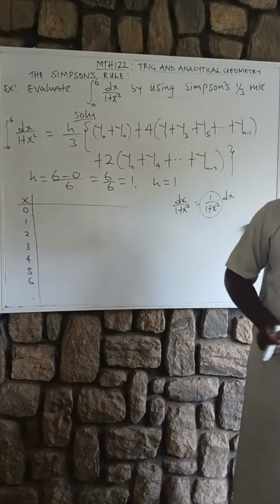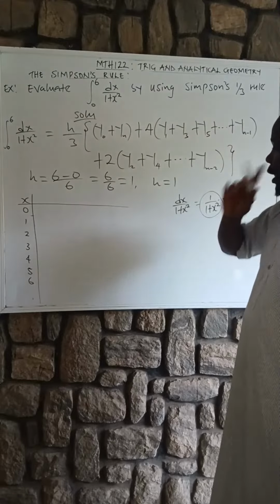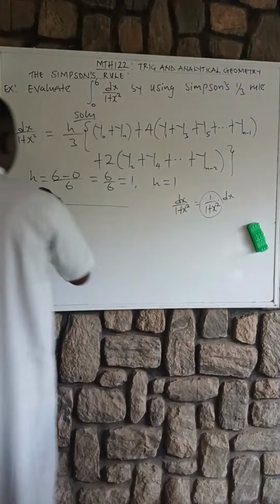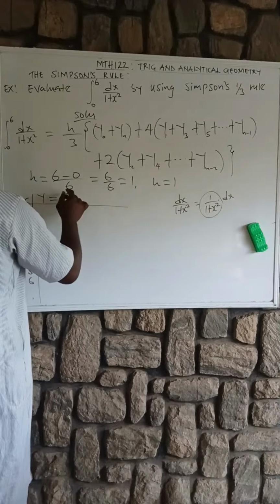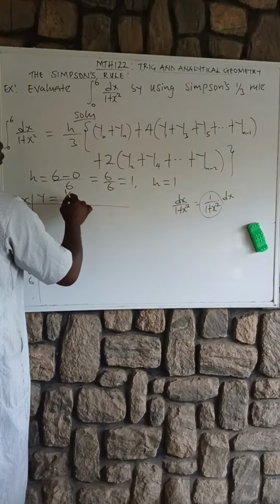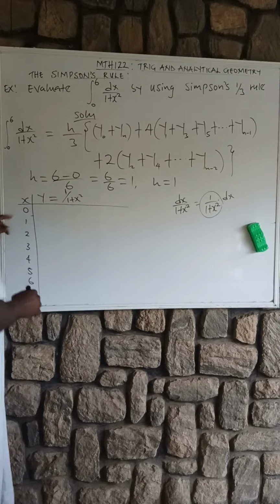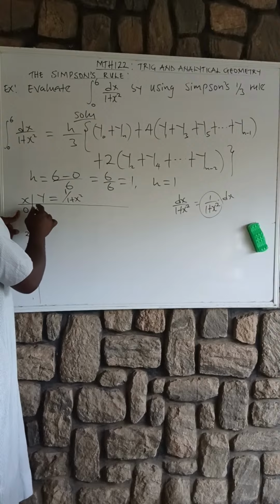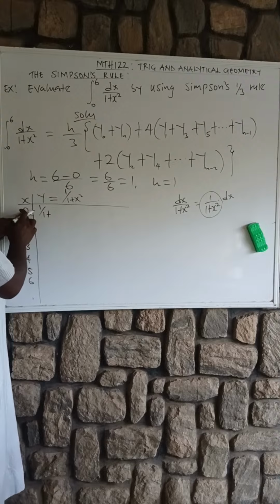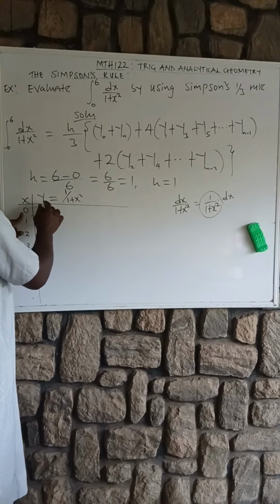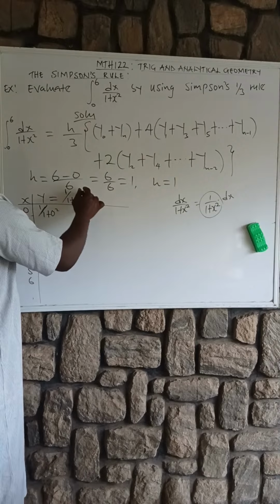Is that clear? So for us to obtain our y naught, y1, y2, it means your y is equal to 1 all over 1 plus x squared. So here is 0, y naught. So 0 raised to the power 2, okay?